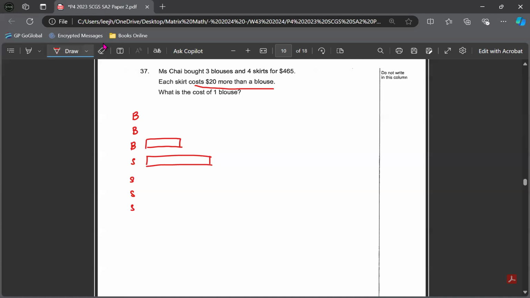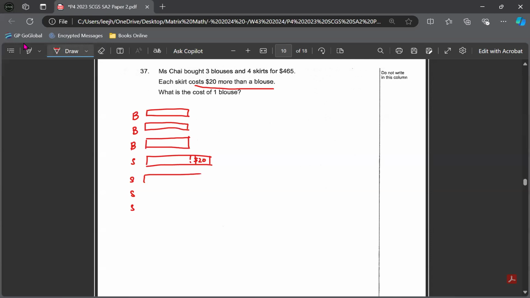No need. Don't draw two units like that. Like this. So this is $20. Okay, so the blouse, stack it as normally, right? Wait, this one I draw a bit better. Like that.